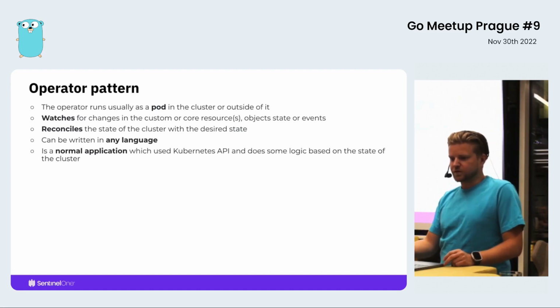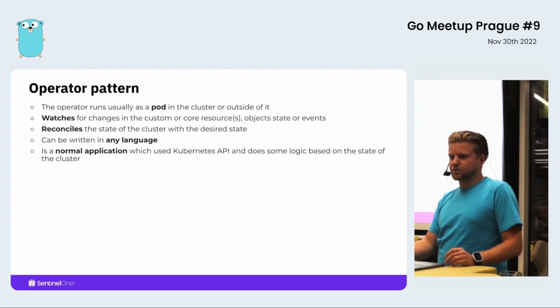So the operator pattern is basically that an operator runs as a classical application. It can run either inside the cluster as a pod. It can also run outside of the cluster and just use the API, but most usually it's the first option, because then it has access to more APIs than when you access from outside.